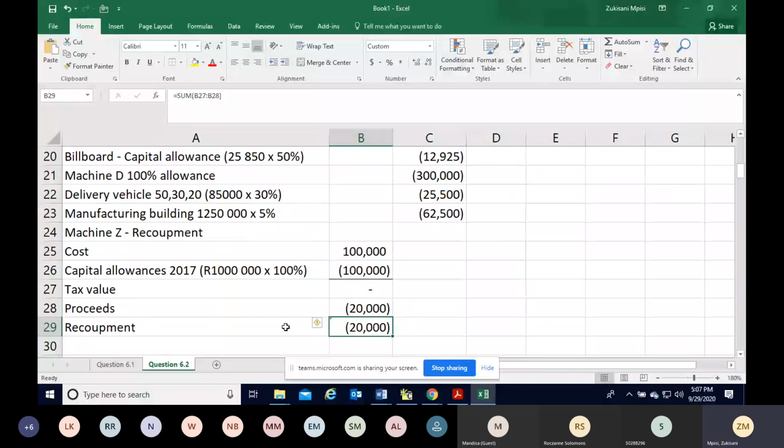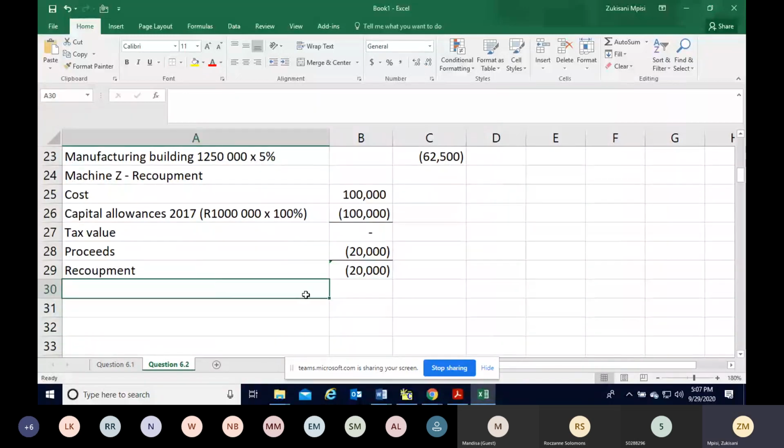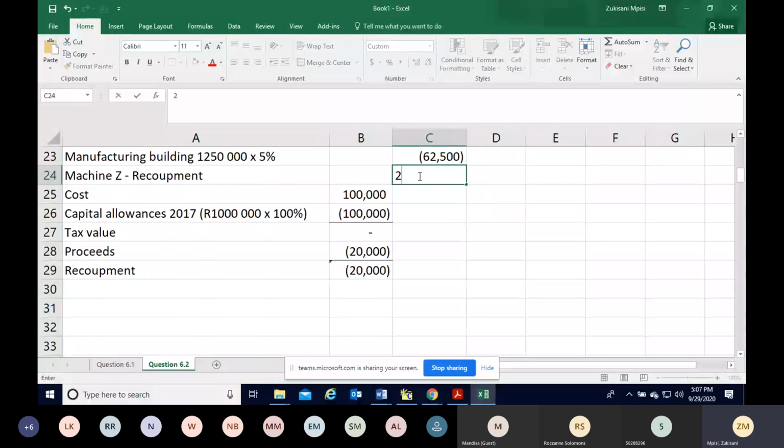The recoupment is normally limited to the previously allowed. What would have been previously allowed? 20,000. Therefore, your recoupment is 20,000.